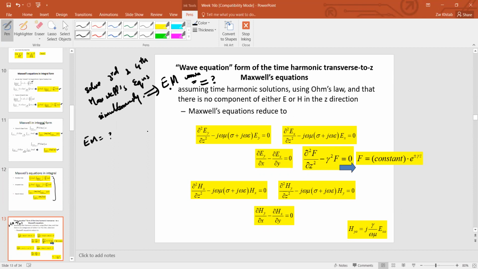I'm not going into a lot of details, but when you solve the third and fourth Maxwell equations simultaneously, you will get six possible solutions. At one time, for one electromagnetic wave, only one of the solutions will exist.